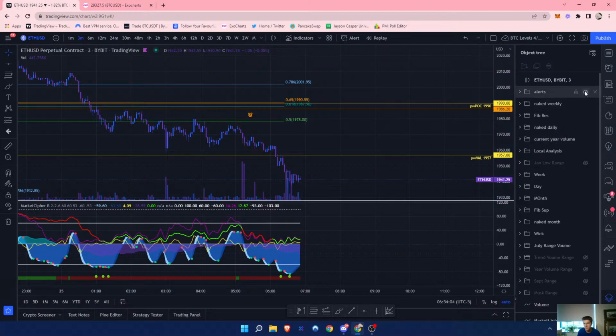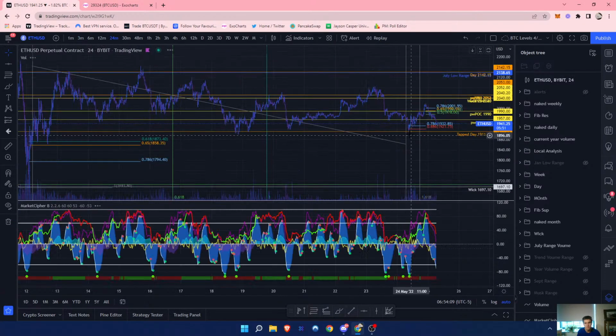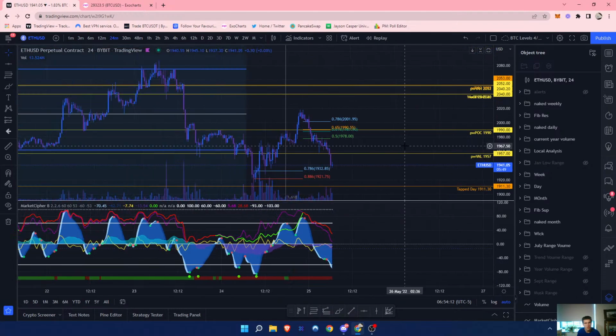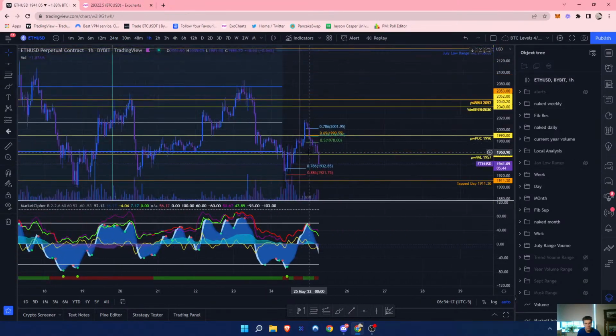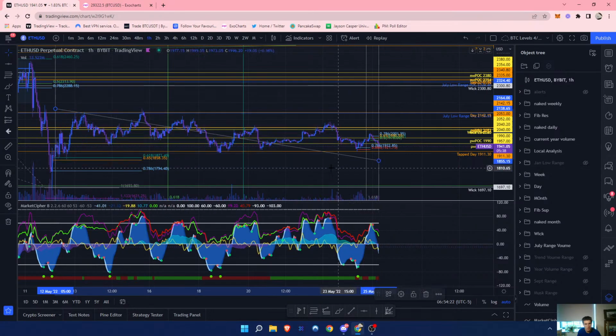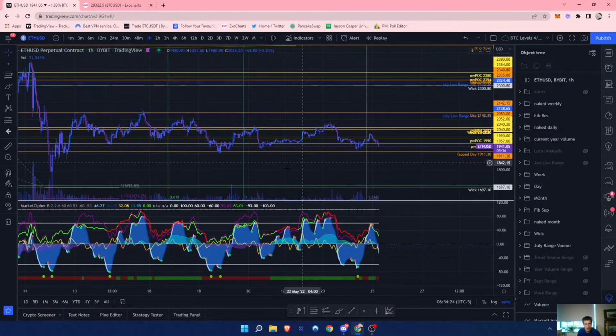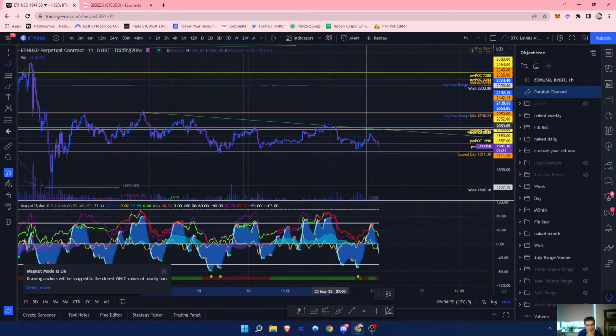Okay. I wonder if we could draw a parallel channel just on Ethereum. Let me actually see here. Not really. If anything, it's like a downward sloping channel.